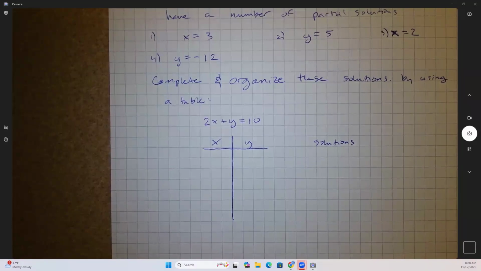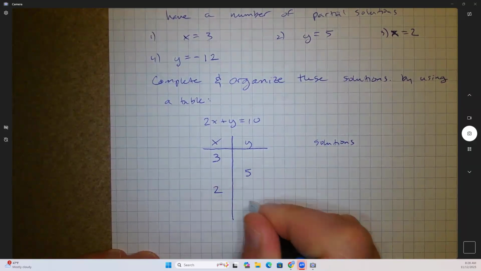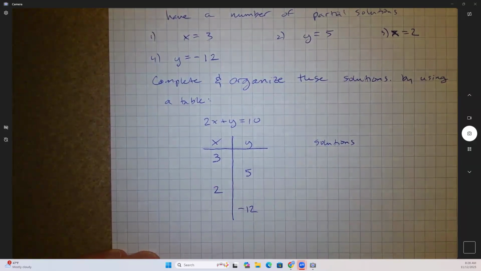And then I can input my partial solutions and come back and figure things out later. It doesn't really matter how I organize them. So I know one of my solutions, x equals 3. Another of my solutions, y equals 5. And I have a solution where x equals 2 and where y equals negative 12.